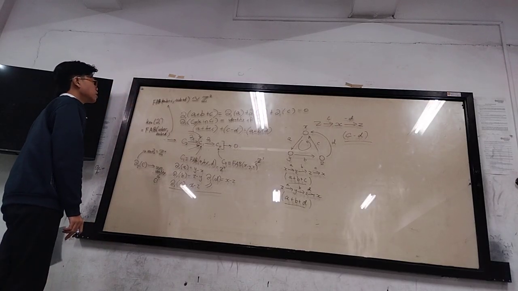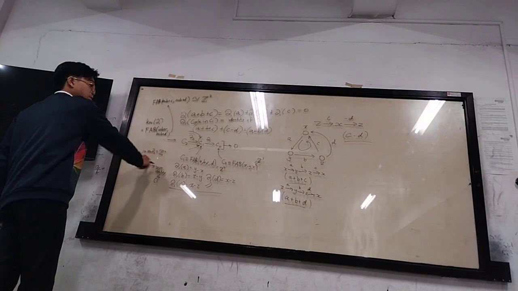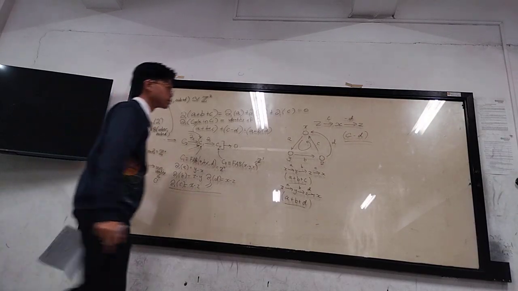Okay. So now that I have my kernel of del1 and my image of del2, I can finally construct my homology group.